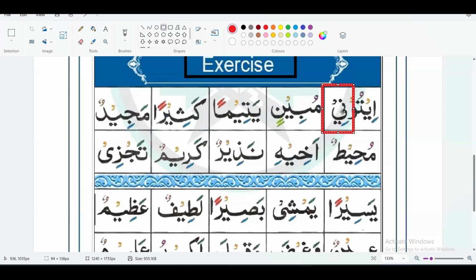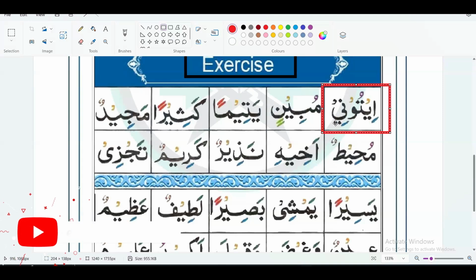The kasra sound is e, so it will be ni. Yes, and then after we have ya madda, so what do we do? We stretch it. Ni. Now the whole word. Just ni. Don't pronounce ya. I just told you that when any letter comes with sukoon, we don't pronounce that letter.